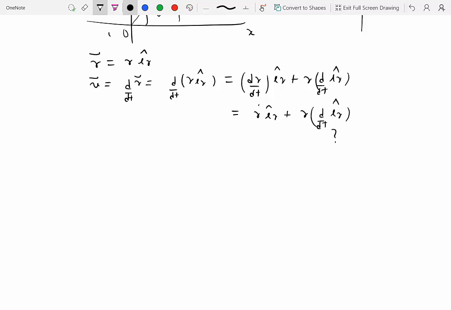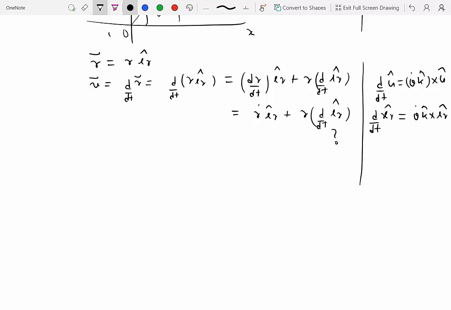Now what is this quantity? This is nothing but, again, the derivative of a unit vector. We already know what the derivative of a unit vector looks like: d over dt of a unit vector is theta dot k hat cross the unit vector itself, which tells you the rate at which the unit vector is changing its direction. If we use this relationship for er hat, we have d over dt of er hat equal to theta dot k cross er.